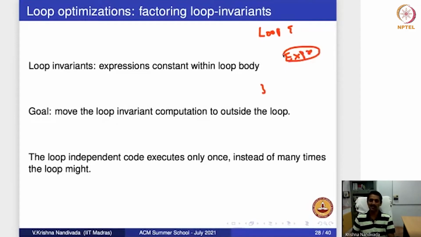If the value of this expression does not change, then it's a loop invariant. I can actually compute this expression outside, something like T1 equal to EXPR, and wherever this EXPR is there, I'll just replace it with T1. Do you see that this is efficient?